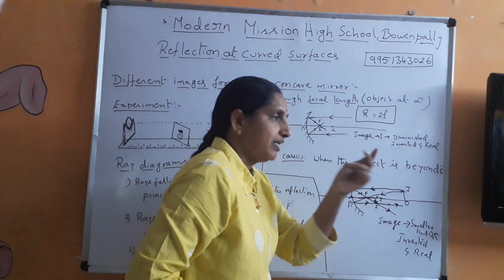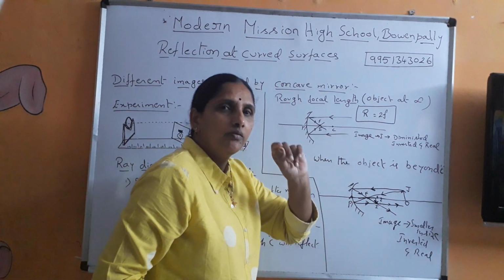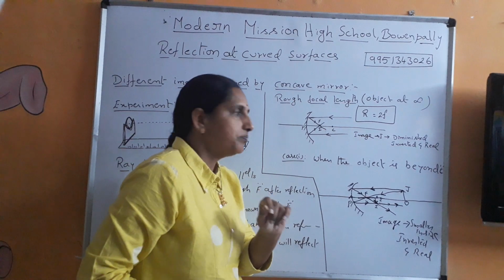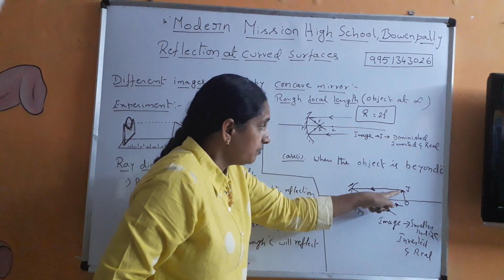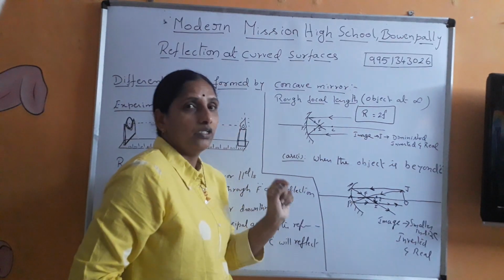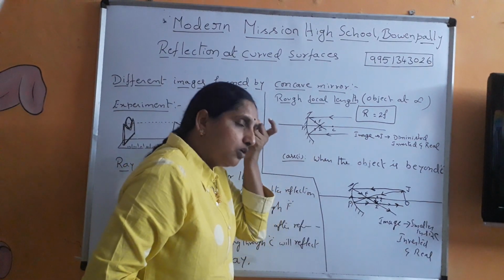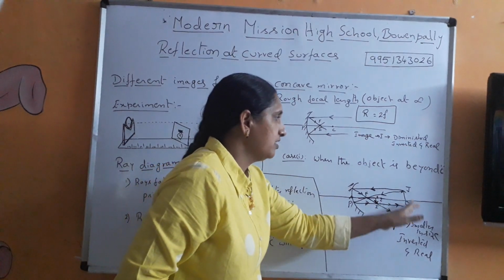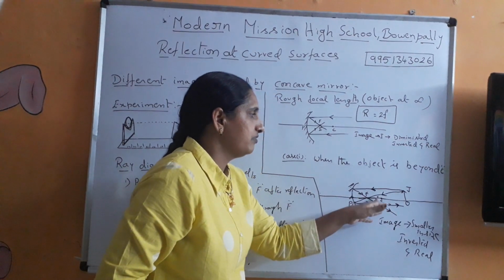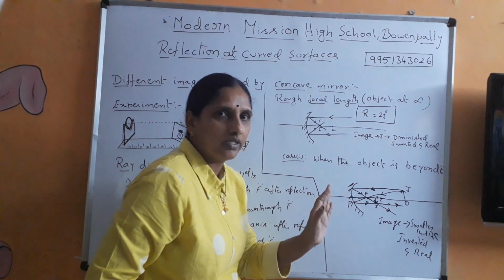Right. Now we are taking only two rays here to make it more convenient to draw the diagram. One parallel to the principal axis and the other ray passing through the focus. You have to draw like this only. Please don't draw a curve here, straight lines here and then all these lines and finally this line. Not at all like that.